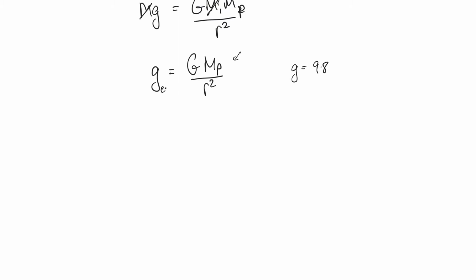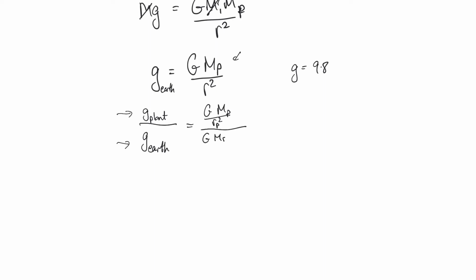So if this was Earth, we could take gravity on Earth divided by gravity of the planet, or we could take the planet divided by gravity of Earth. For the planet, we have G, mass of the planet, divided by radius of the planet squared, and then we divide, so we're letting one equation and we're dividing by the other equation.